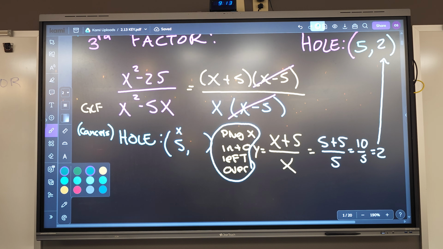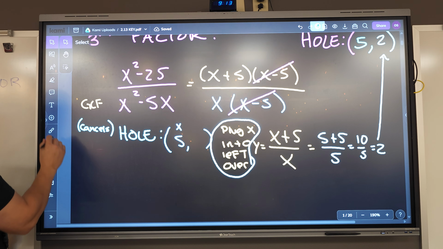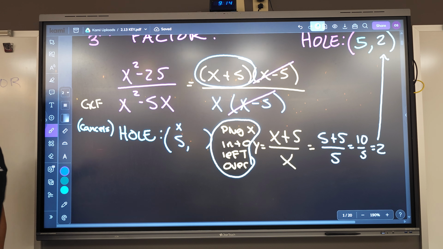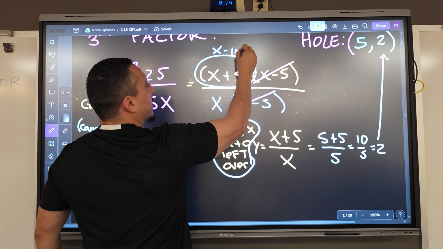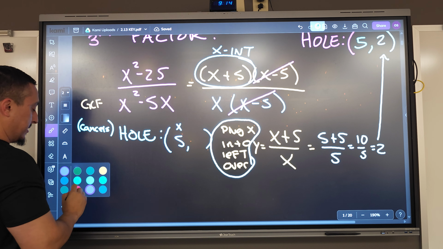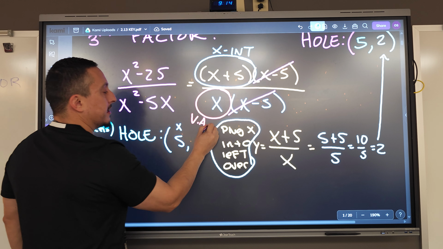Okay, so the top one that didn't cancel, that's your x-intercept. So this is my x-intercept. And the bottom one that didn't cancel, that's your vertical asymptote.